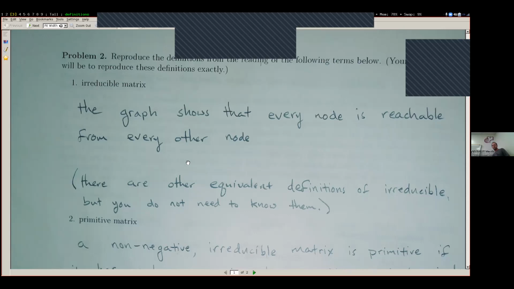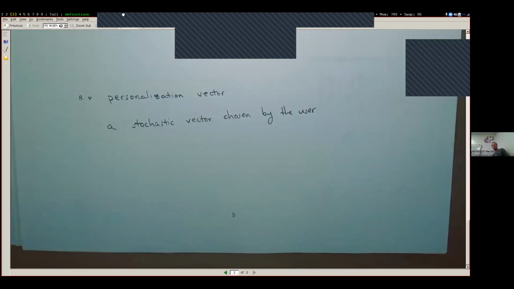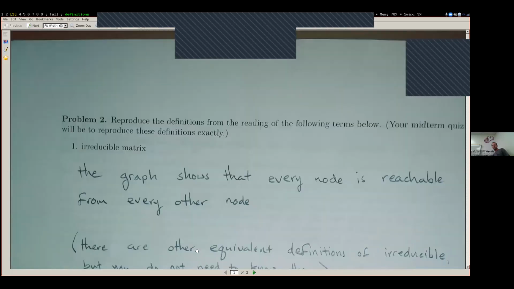If you want to ensure that you get 100%, with the exact same wording that I have, down to the a's and the's, then you can just memorize what I have here and you will ace the quiz.